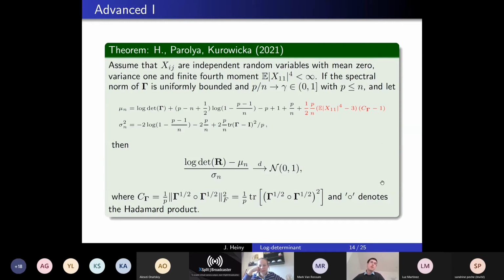So apart from this normal distribution or gamma as identity, nothing was known. So let me present the new result that we found.